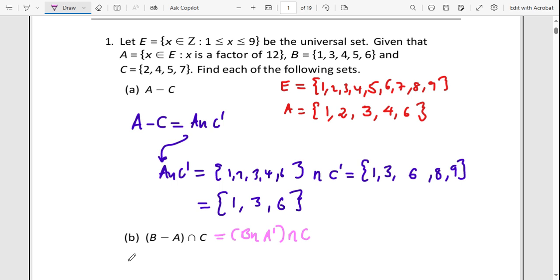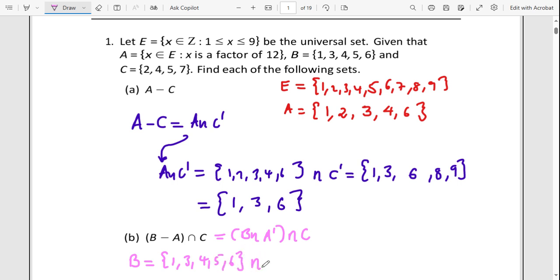Okay, so the set B is 1, 3, 4, 5, and 6.